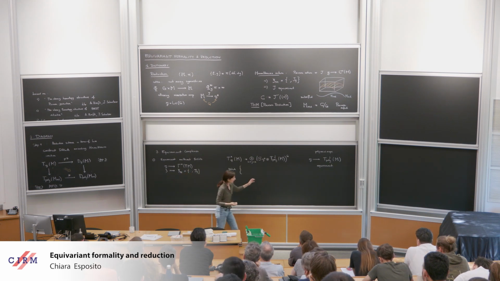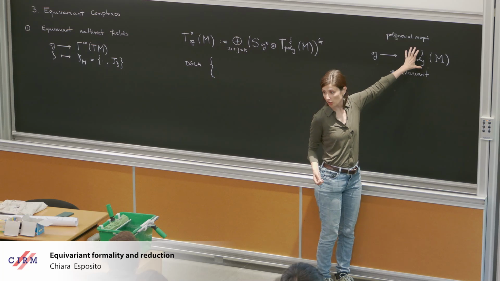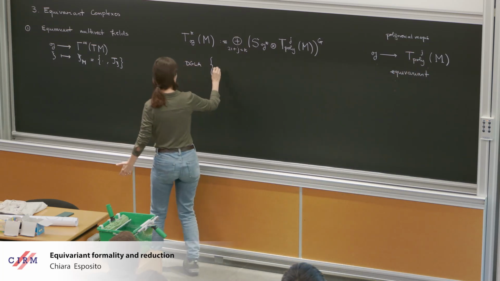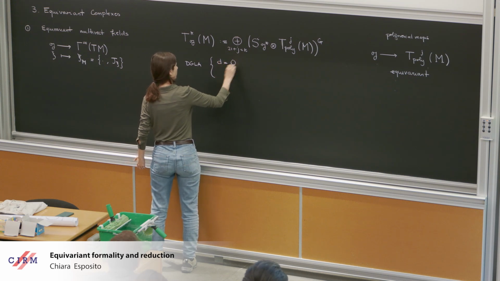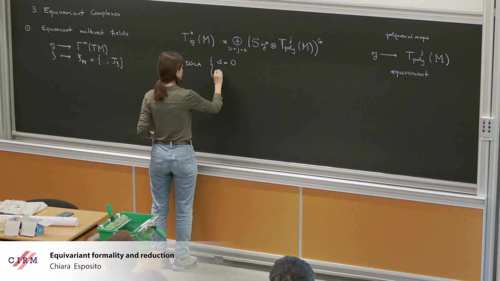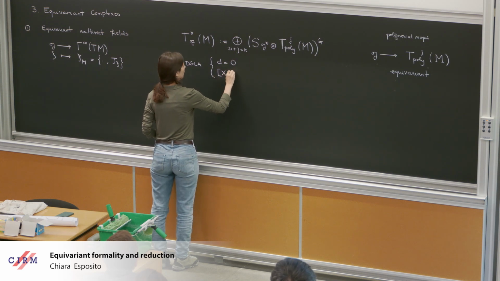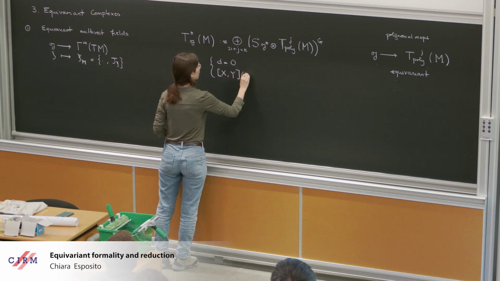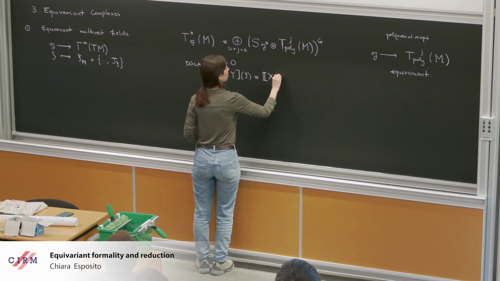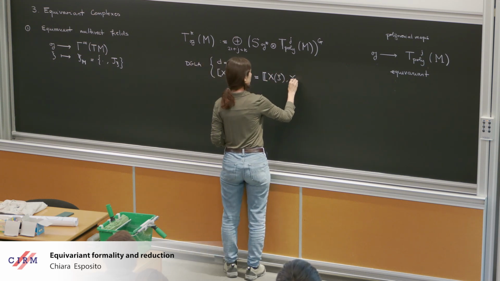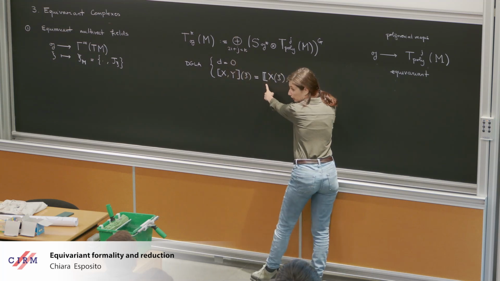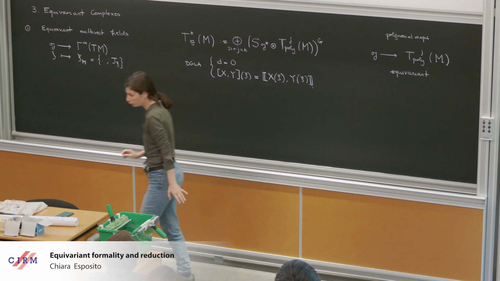If you think in these terms, it's very easy because I have a DGLA structure over there already, so I just use it. So d is 0, and the bracket, I just look at the image. This is the Schouten bracket. So far so good.